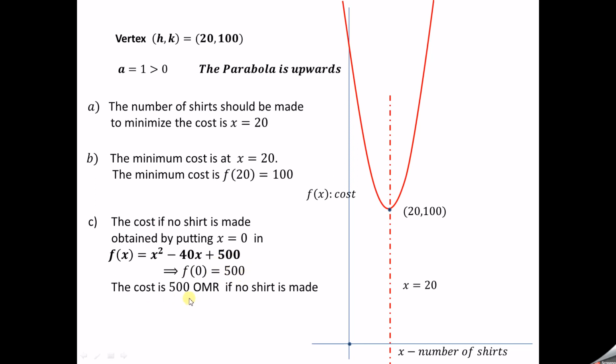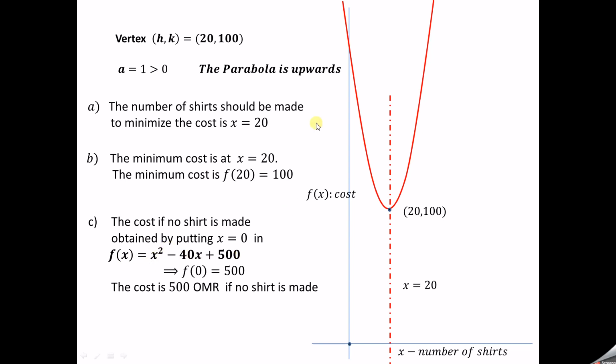So 500 reals will be the cost if no shirt is made, because of the maintenance of the factory. You may wonder, if no shirt is made, why do we have this cost of 500 reals? Because of the maintenance of the factory, according to this quadratic function, where f(x), the cost, is x squared minus 40x plus 500.